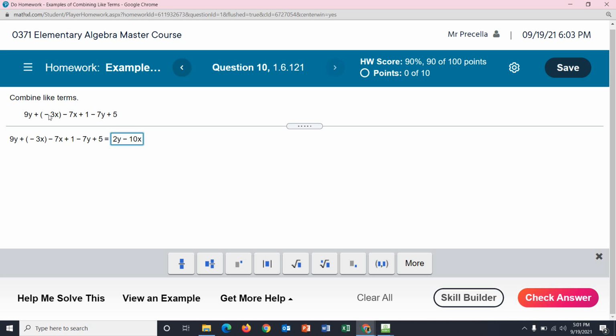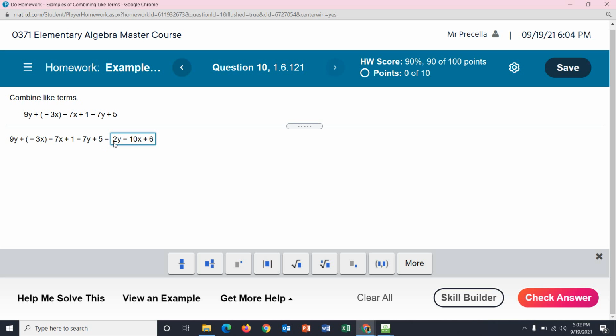I'm just adding negative 3 plus negative 7. And then let's do the constants now. Positive 1 plus 5. 1 plus 5 is a positive 6, so I'll go plus 6. I'm not just going to write 6. I'll put plus 6 to indicate that's a positive 6.